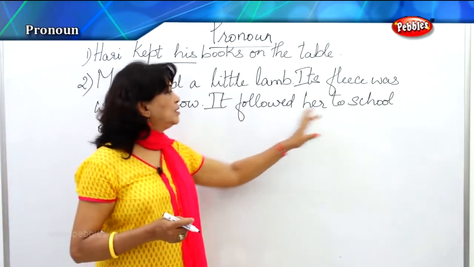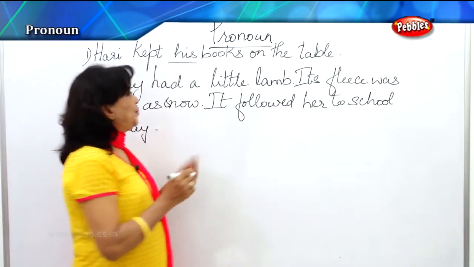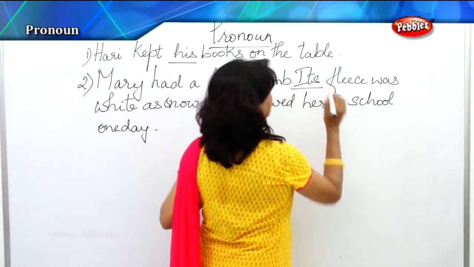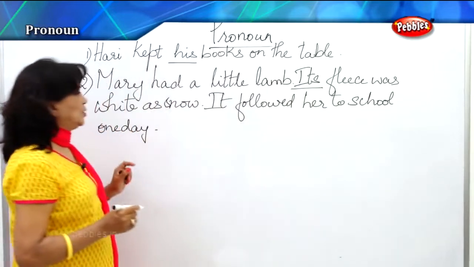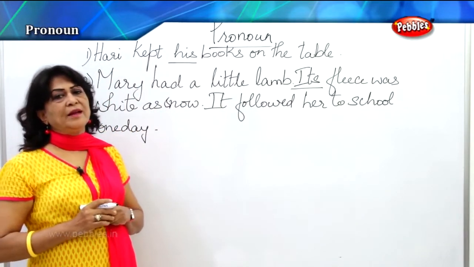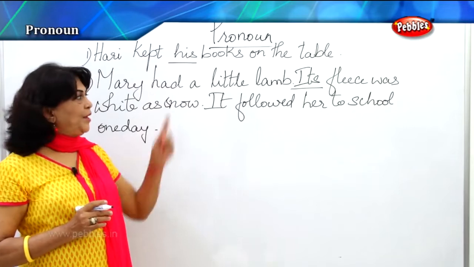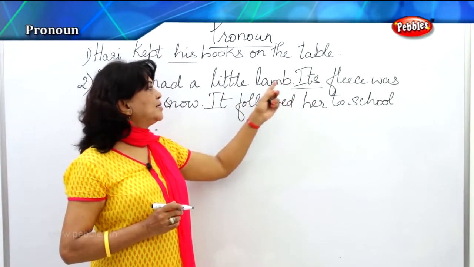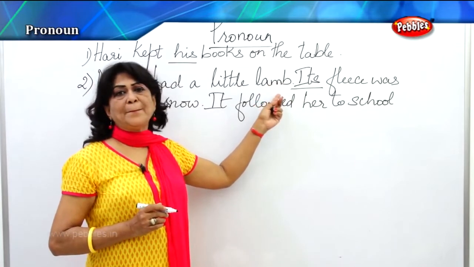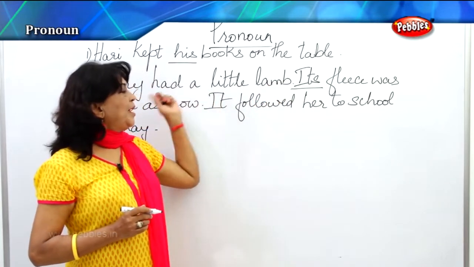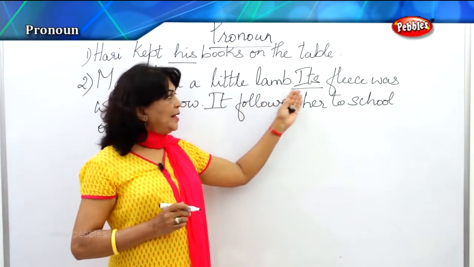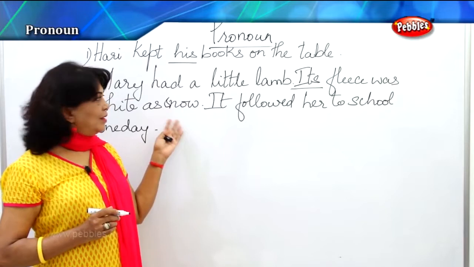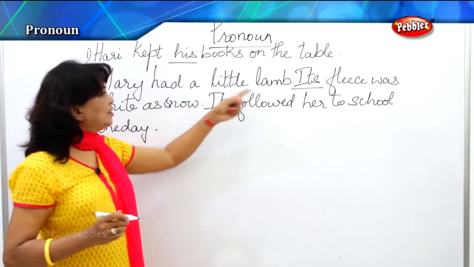இட் ஃபாலோட் ஹர் டு ஸ்கூல் ஒன் டே. இப்போ பார்த்தீங்கன்னா ஃபர்ஸ்ட்டு மேரி லேம்னு சொல்கிறோம். நெக்ஸ்ட்டு இட்ஸ் ஃப்ளீஸ் வாஸ் ஒயிட் அஸ் ஸ்னோ. இட்ஸ்னா யாரை குறிக்குதுங்க? மேரியை குறிக்குதா? lamb குறிக்குது இல்லையா? This word stands instead of lamb. Okay, so its ன்றது வந்து it denotes the lamb.